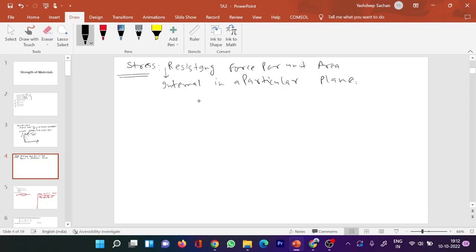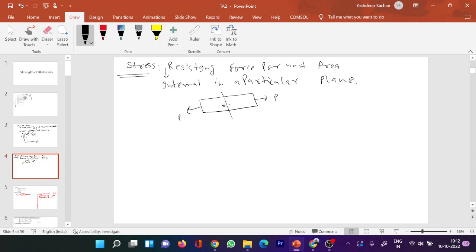So let's suppose this is a prismatic bar, and this is the cross section area. We cannot see how much stress is there. If we cut it, the stress is going to diminish. This is felt by its molecule particles.